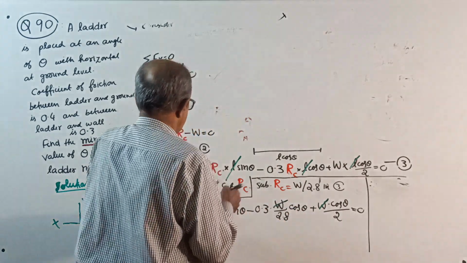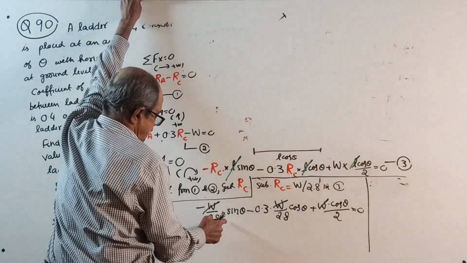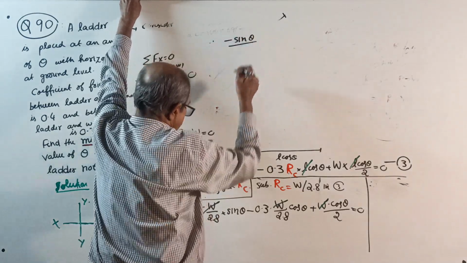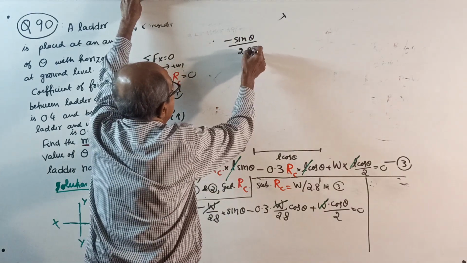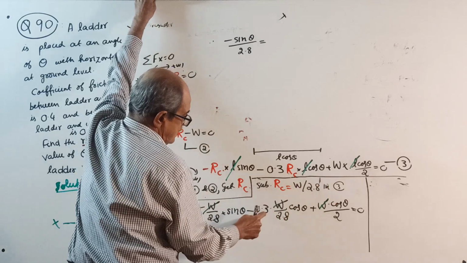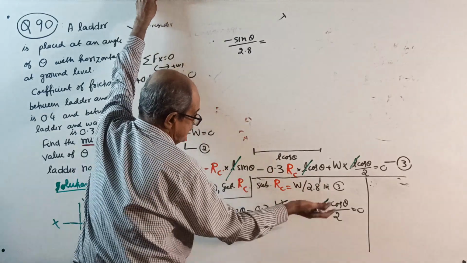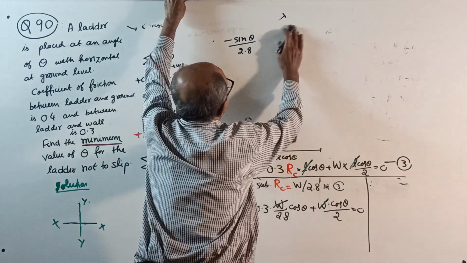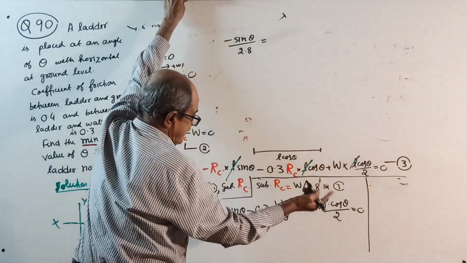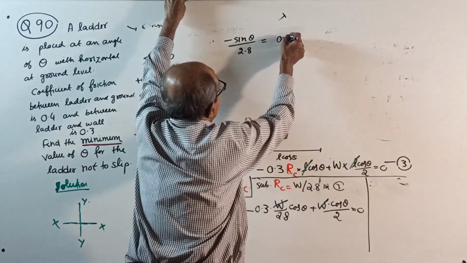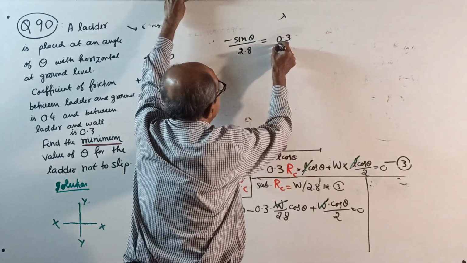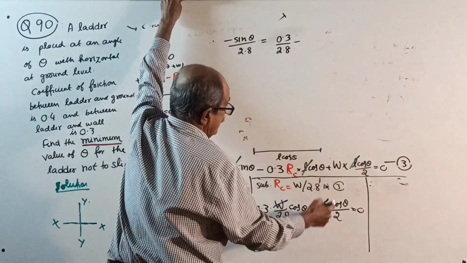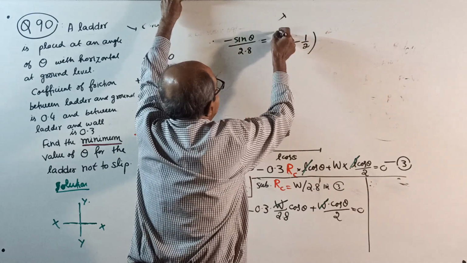Okay, then, therefore, you get minus sin theta divided by 2.8 equal to, taking that side, plus 0.3 divided by 2.8 minus 1 by 2 into cos theta.